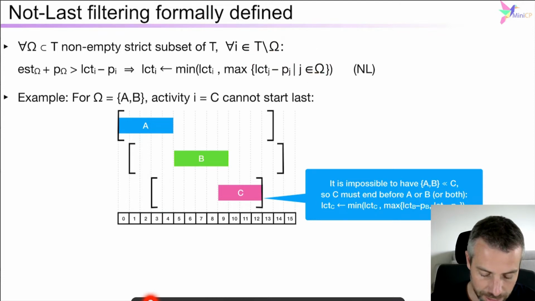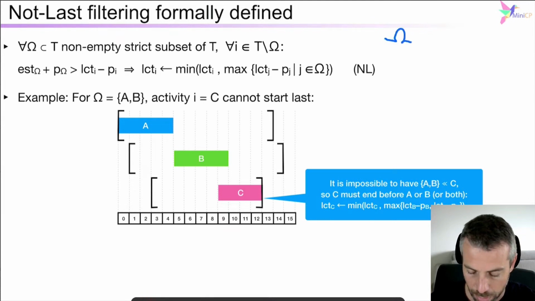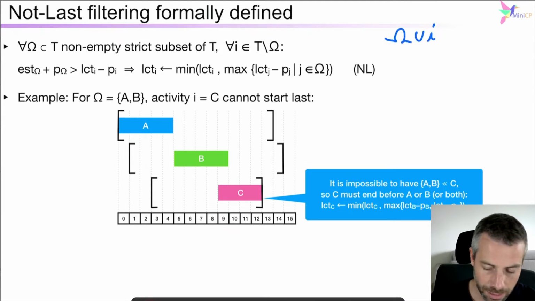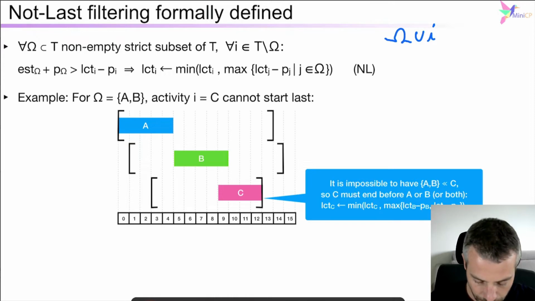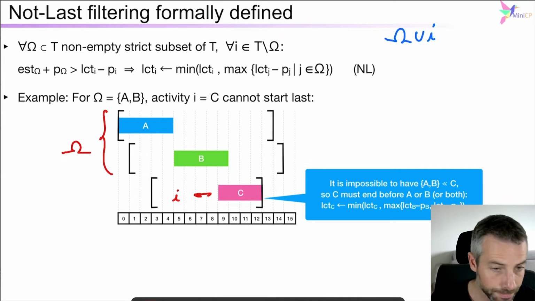That's the not last rule because we detect that the activity I cannot be placed the last one. It cannot be placed the last one in the set omega union I. So in our example, that would correspond to the set omega, and the activity C would be the activity I, and I cannot be placed after the set omega.